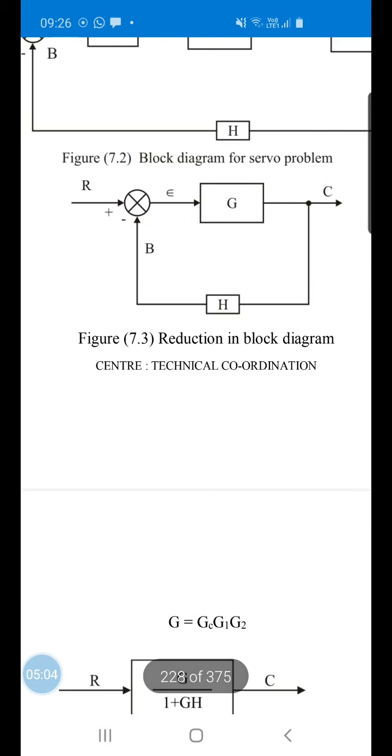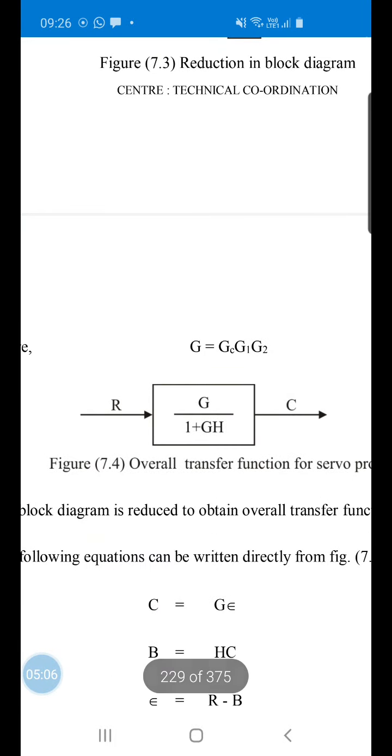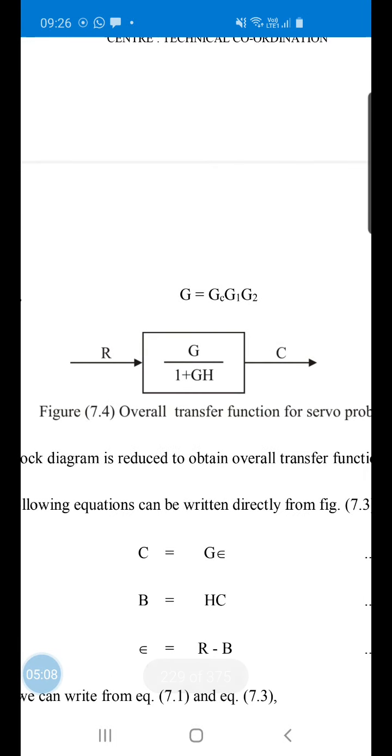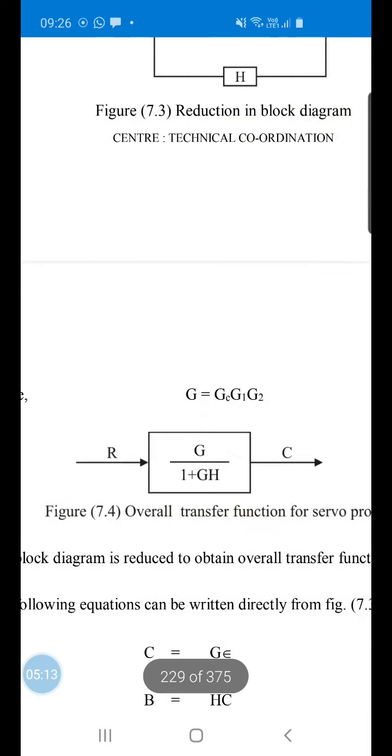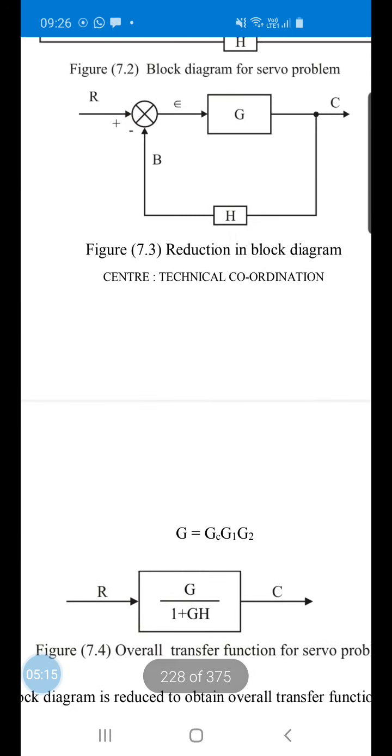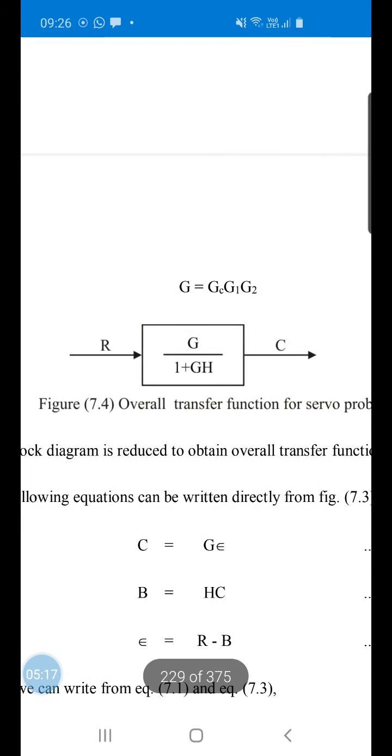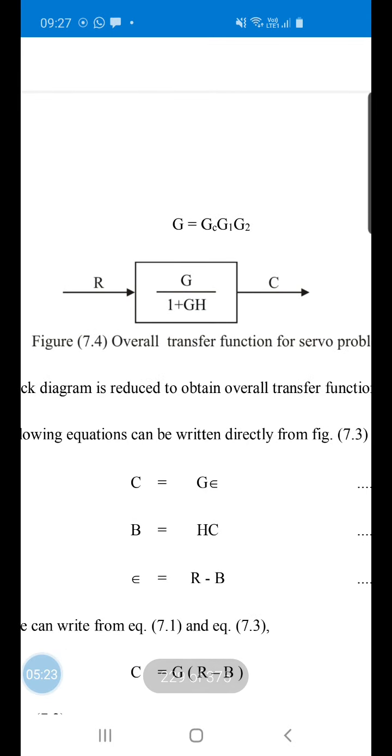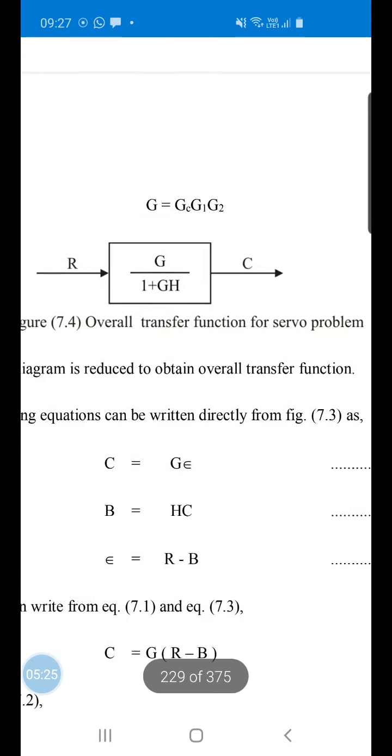Further, we reduce the block diagram again. We have written G equal to GC, G1, G2, so we can write C by R equal to G upon 1 plus GH. This is called the overall transfer function for the servo problem.